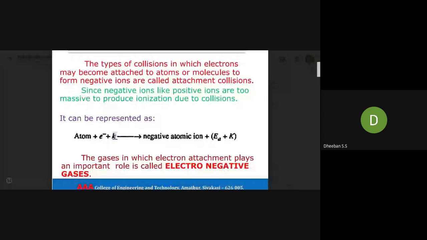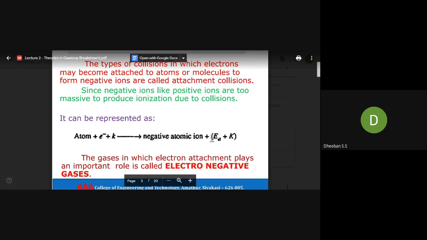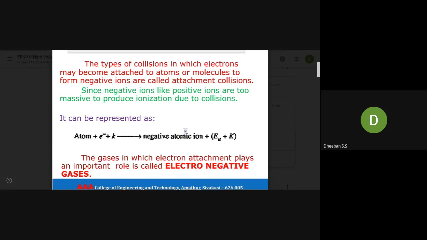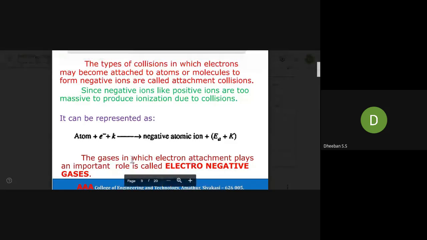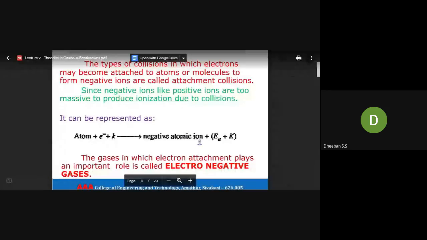Here K refers to the energy. What happens is that this atom becomes a negative atomic ion. The gases in which electron attachment plays an important role are called electronegative gases. This is possible in your highly electronegative gases.